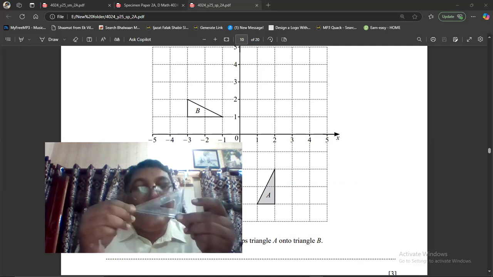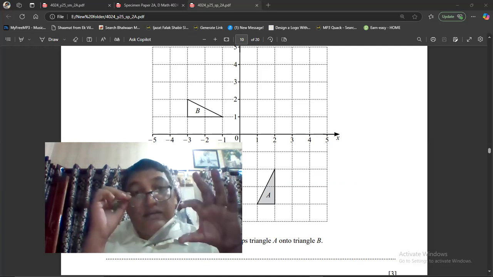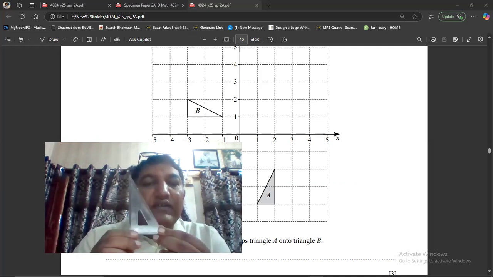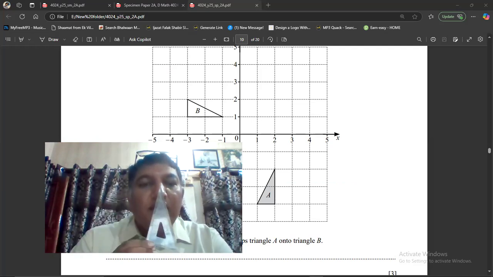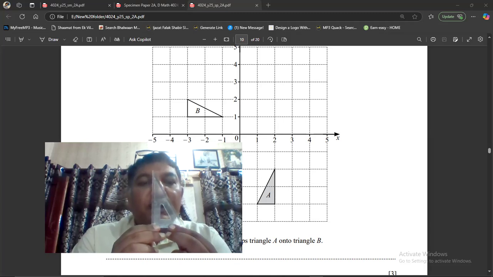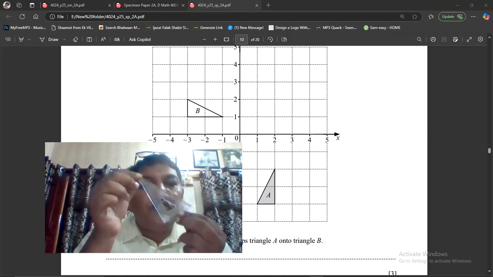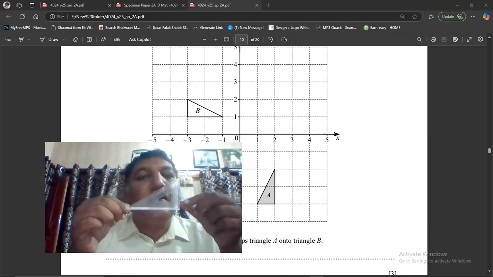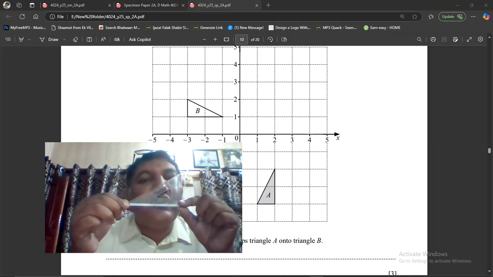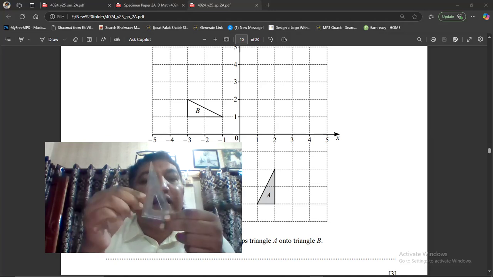So you can see here I have a set square in my hand. And what I will do, so here you go. So this is A. So let's rotate the A. So here you go. So you can see this exactly fits on the B when I rotate it.